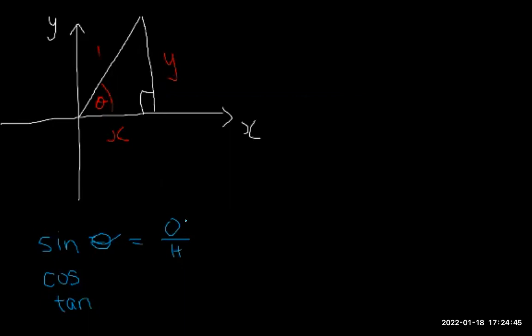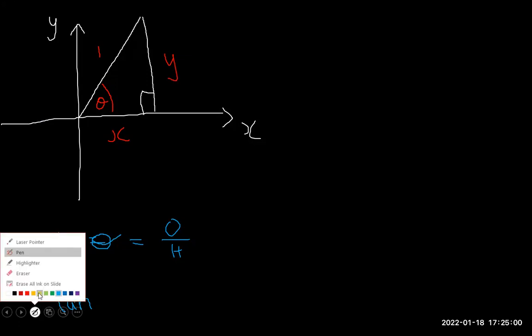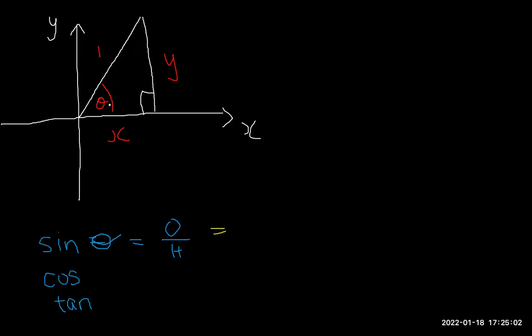What do I mean by that? When I say opposite, I mean the side opposite to the angle. So this is my angle theta. The side opposite to the angle is y. And then the hypotenuse, that's what h means, would be 1 in this case. Hypotenuse, which is the longest line in the triangle, is 1. Anything divided by 1 is itself, right? So y on 1 is equal to y.